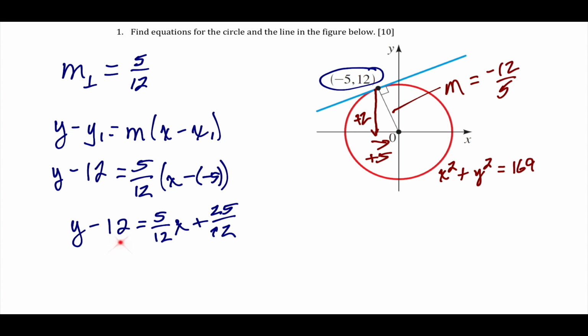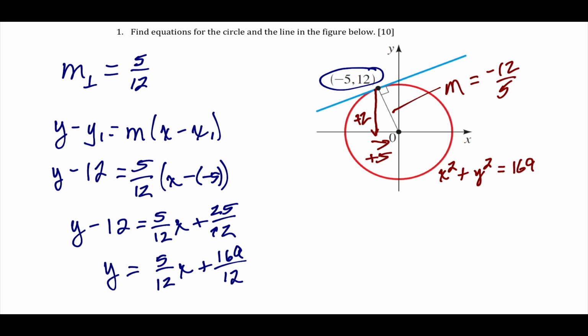And then I have to add this 12 on both sides. So remember, 12 is 144/12. So I'm going to add 144/12, giving me 5/12 times x plus, 144 plus 25 is 169/12.